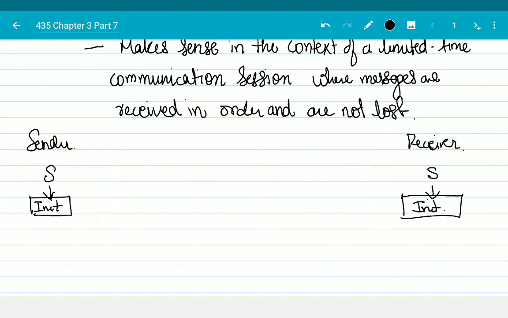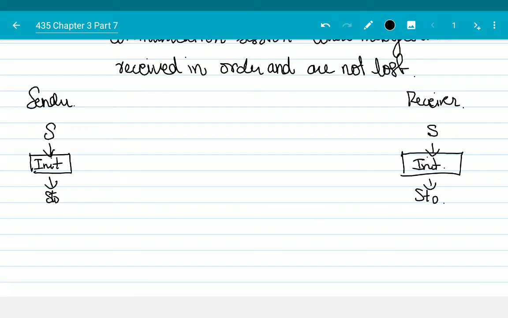If they're using an initialization vector, that will also have to be the same, to get the state st0. Both of them feed that to get bits, and it goes to state st1.